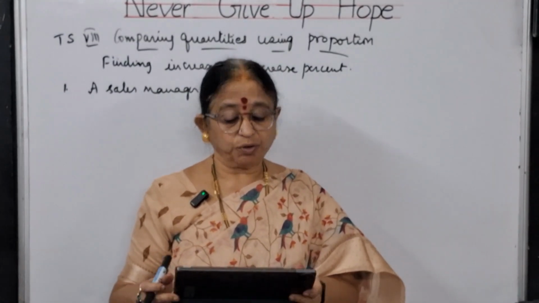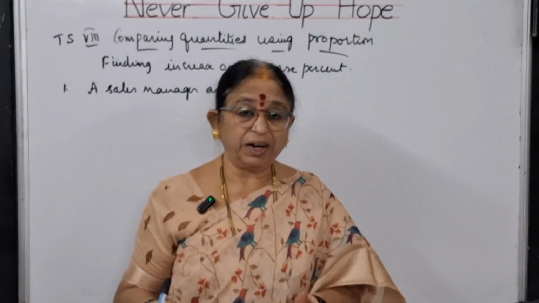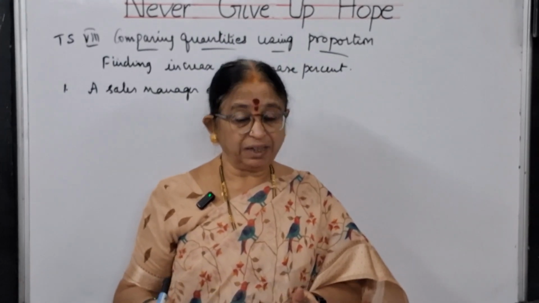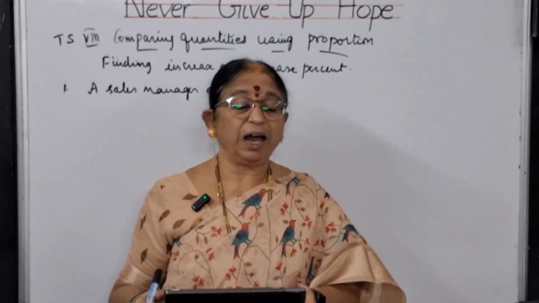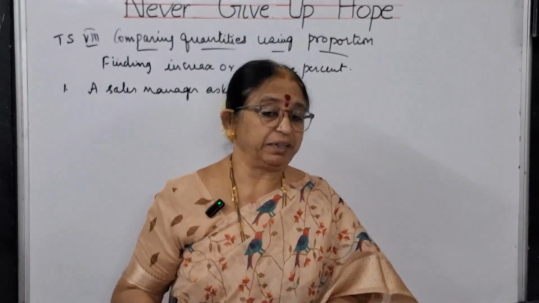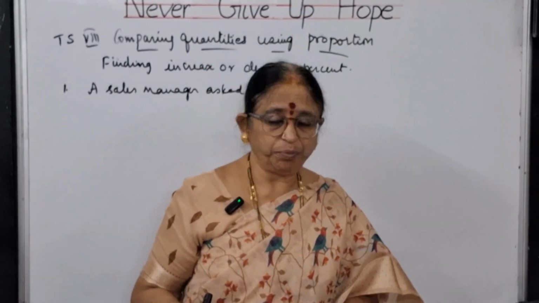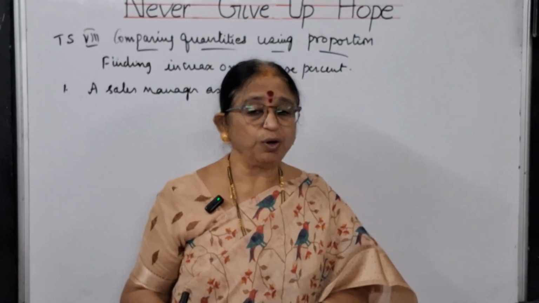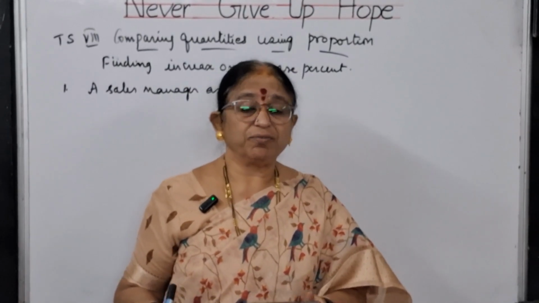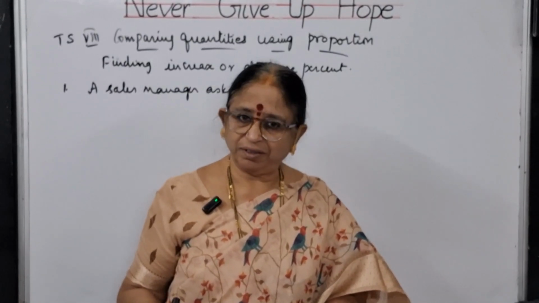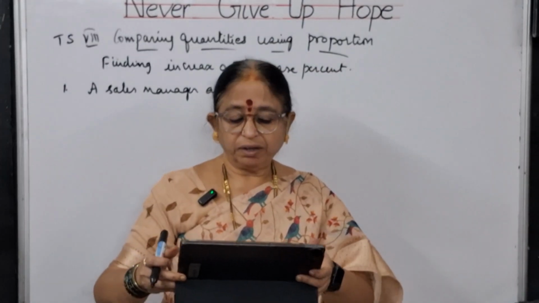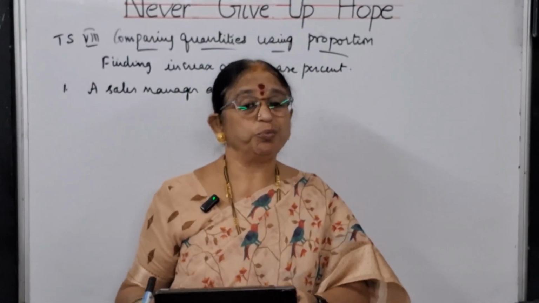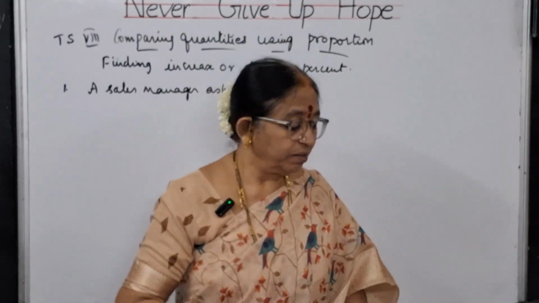Last month they have sold 98,700 rupees. Sale has happened. So now they have to increase it by 35%. That means you should know the value of 35% of 98,700, so that much amount should be added to 98,700.